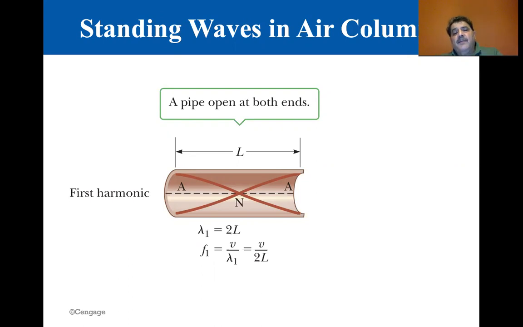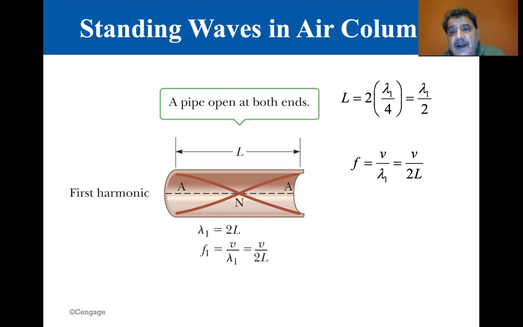So if you have a pipe open at both ends, you have the first harmonic. What is that? If you just follow one of the lines, you're going from one side to the opposite side. So that's only a half of a wavelength. So for the fundamental, lambda 1 is equal to 2L, twice the length of the pipe. So the fundamental is the velocity of sound over lambda 1, which is the velocity over 2L.